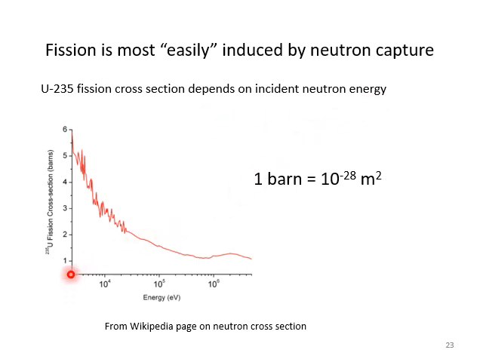And so the cross-section for uranium-235 fission by neutrons depends upon the energy of the neutrons, and you can see that very low energy neutrons have a very large probability of being captured by U-235 and then causing fission to occur.